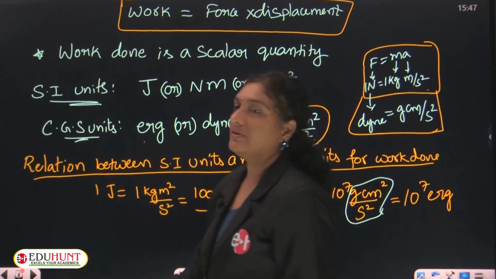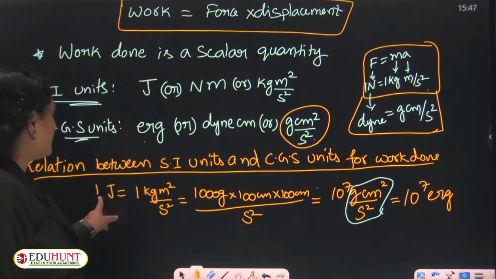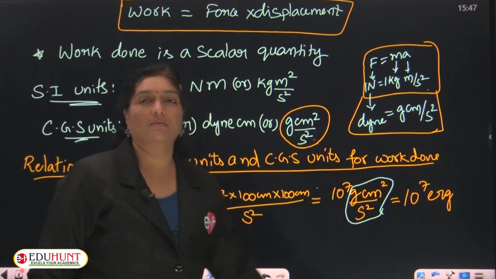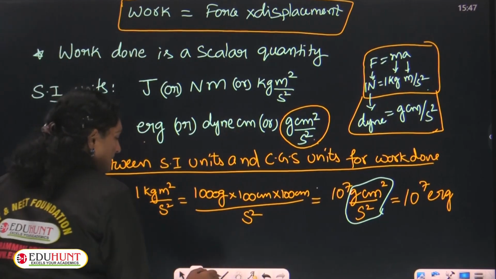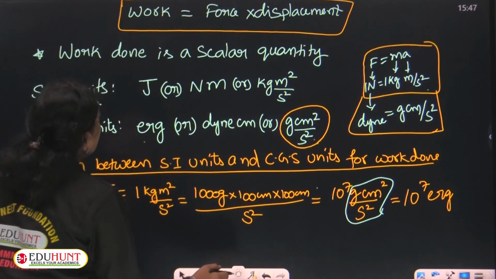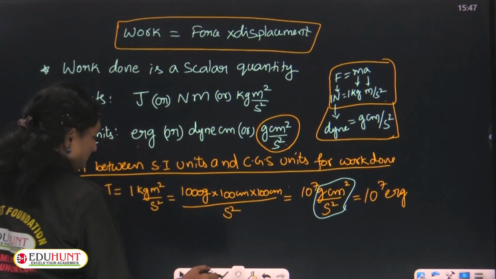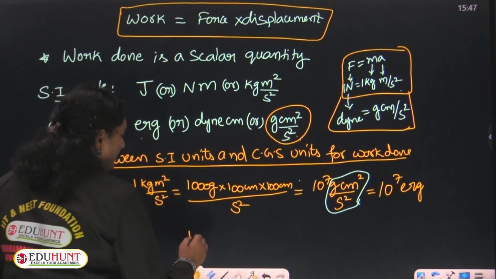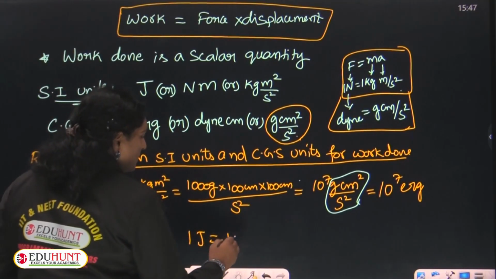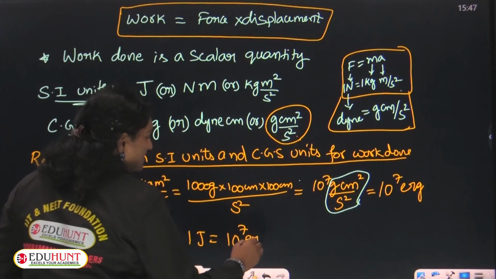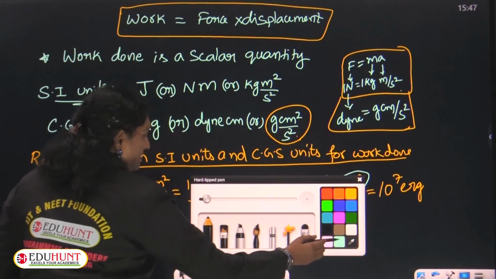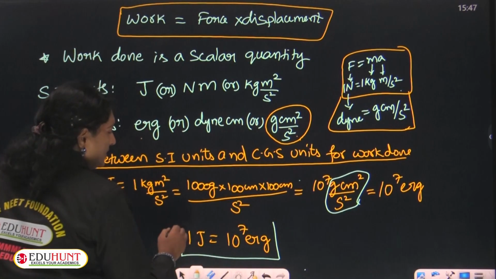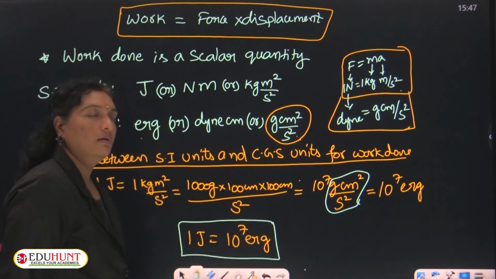So what is the relation between joule and erg, children? 1 joule is equal to 10 power 7 ergs. Let me write it once again. So clearly we have 1 joule equals 10 power 7 erg. This is an important relation.